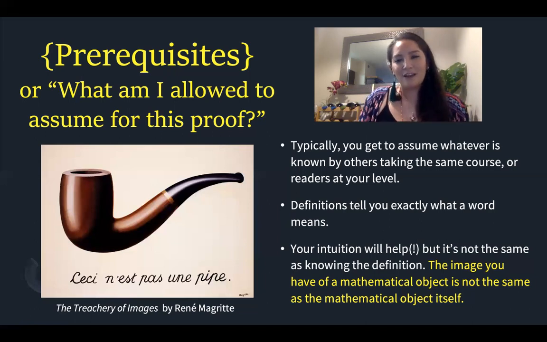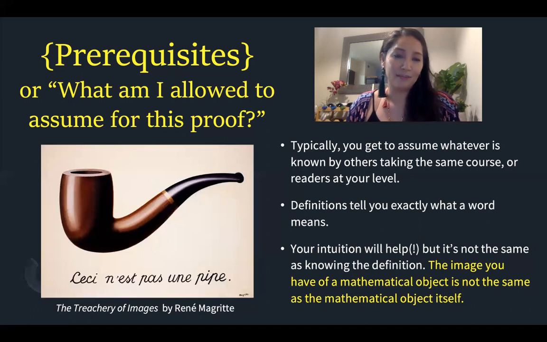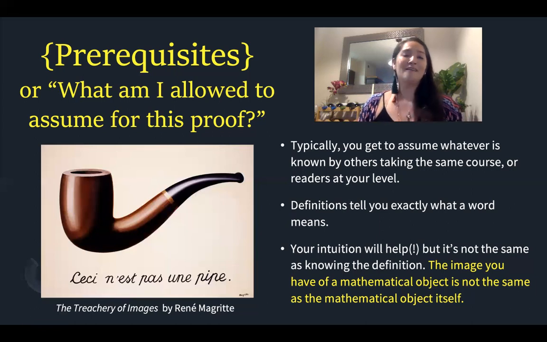So I've added that for emphasis, just to emphasize that the image you have of some mathematical object, whether that mathematical object be a matrix or a function of a single variable or a prime number or an odd number or an even number, that image that you have of that object is not the same as the mathematical object itself.